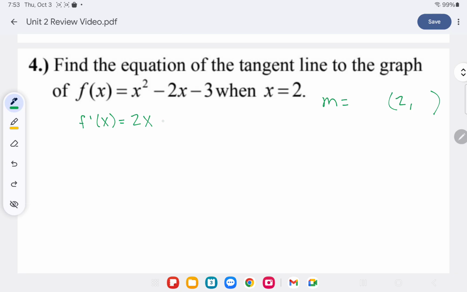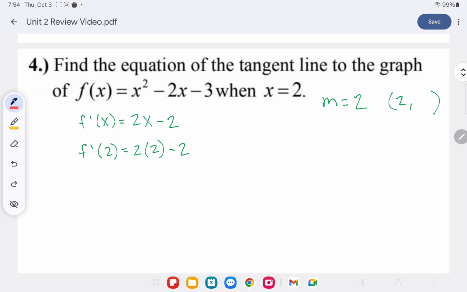because that's what helps us find instantaneous slope or slope at a point. So because we want it specifically when x equals 2, we're going to plug 2 into this equation we just found for the first derivative to get that our slope at 2 is 2. Now we need to finish our point.